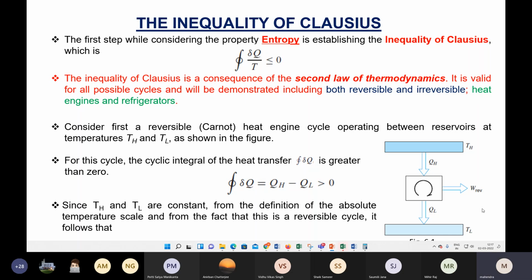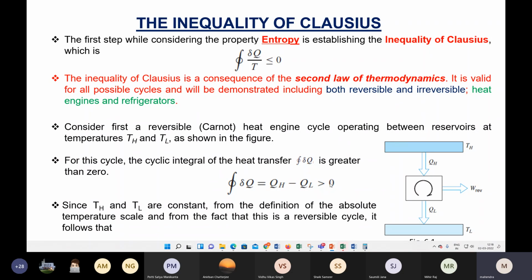From this cycle, you can understand this is the high temperature reservoir supplying heat QH. This is the low temperature reservoir, and it rejects heat QL. The difference between QH and QL is work anyhow, but at the same time that is the heat transfer actually. Delta Q equals this minus that, and that is obviously greater than 0.